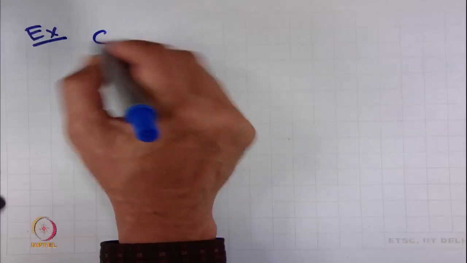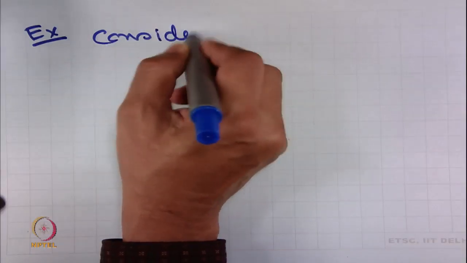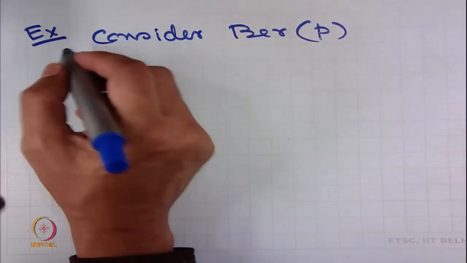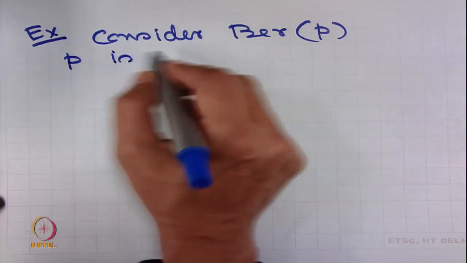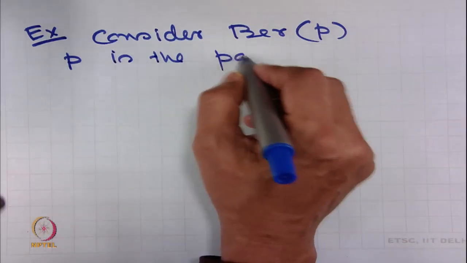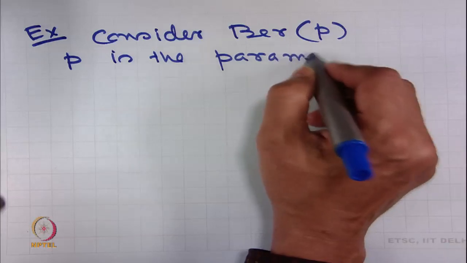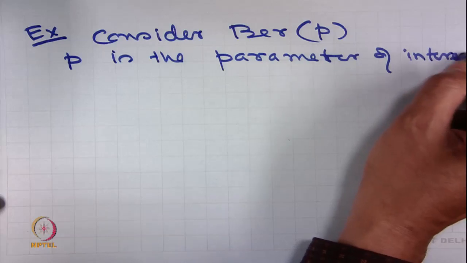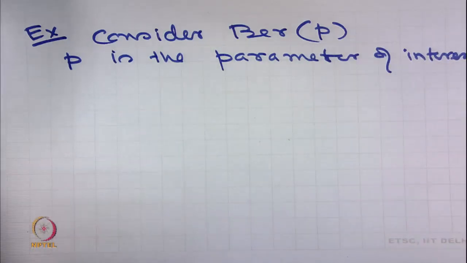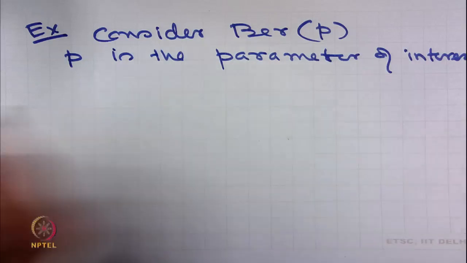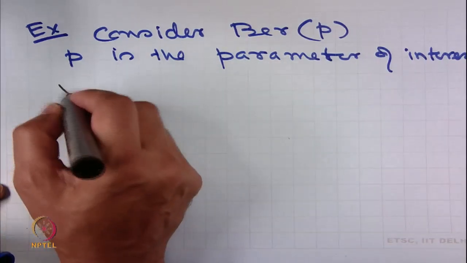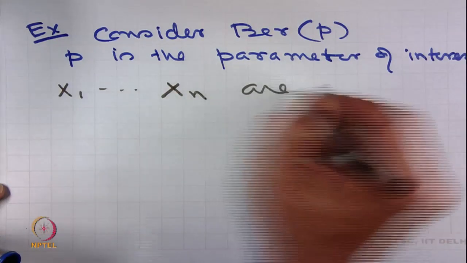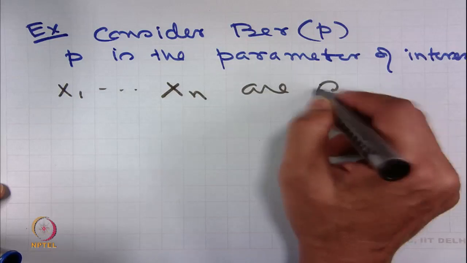Consider Bernoulli P. So, P is the parameter of interest. Suppose I have taken samples x 1, x 2, x n, independent samples.